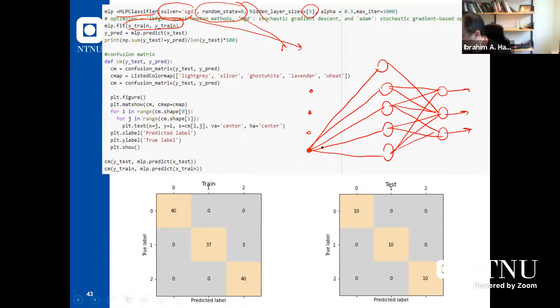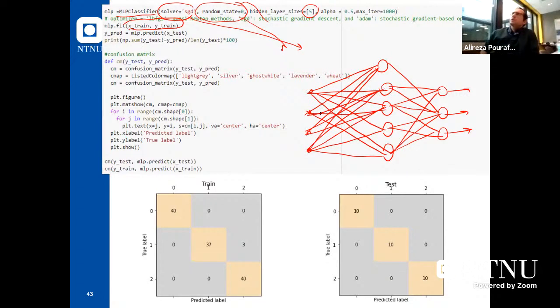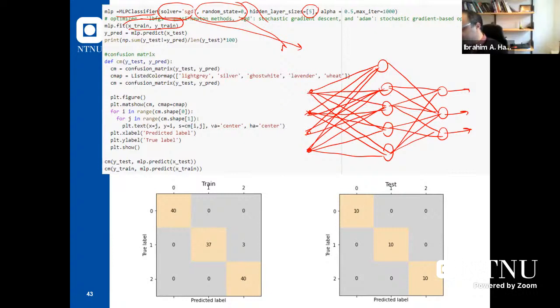So the model will be like this one. This is an MLP which has only one hidden layer. It's different from the stochastic gradient that we talked about in the last session, because in batch gradient you need to specify the batch size. For example, you need to select whether it is batch gradient or mini-batch gradient.